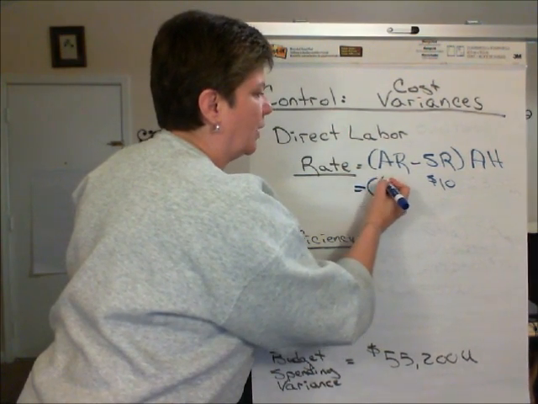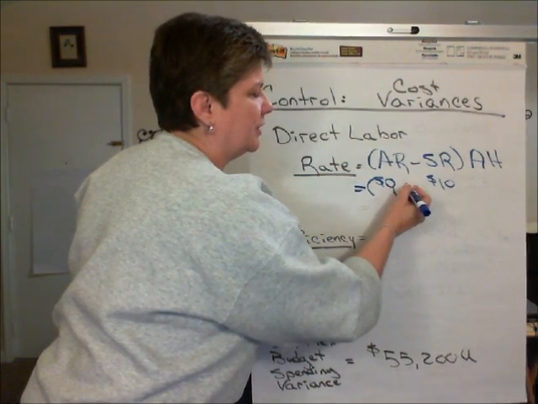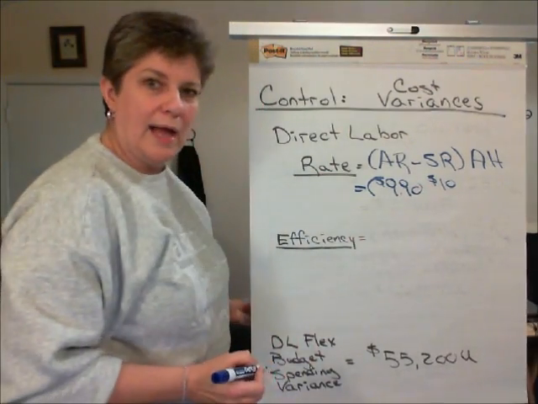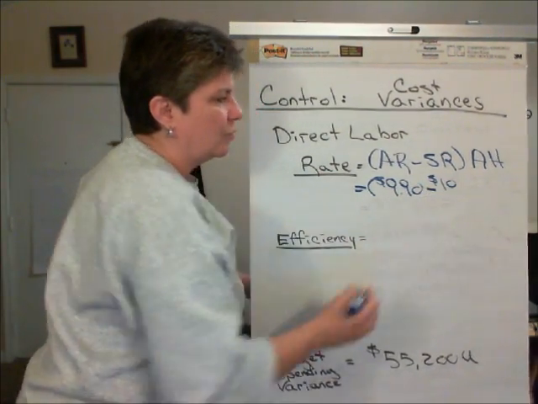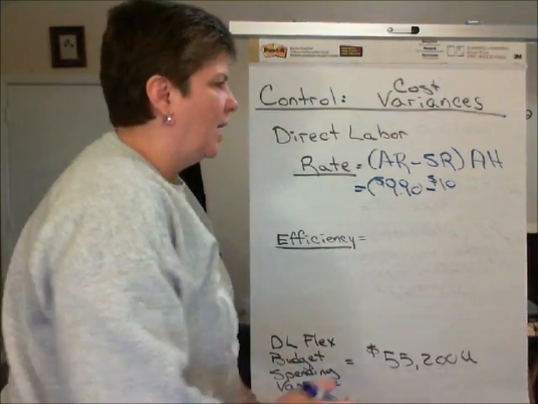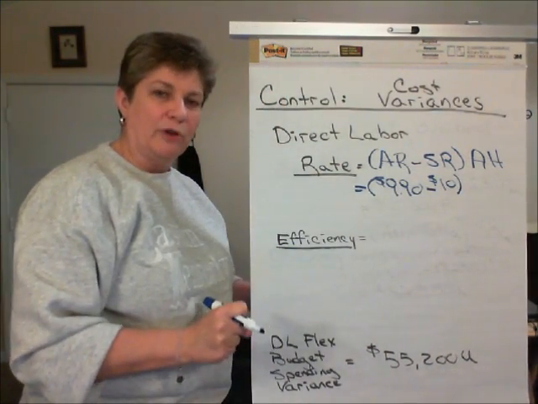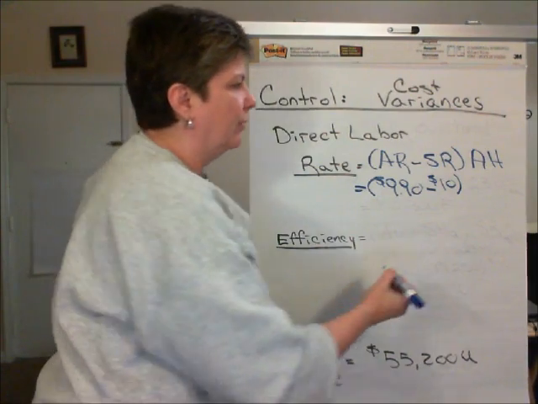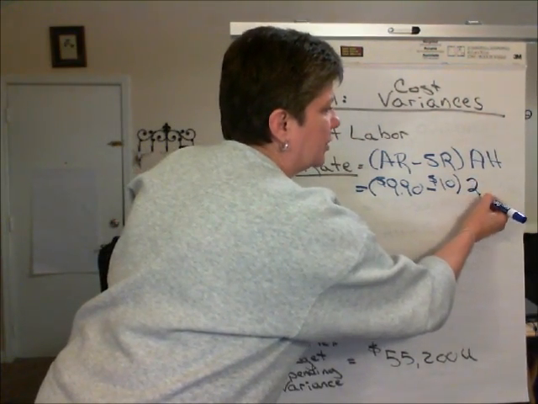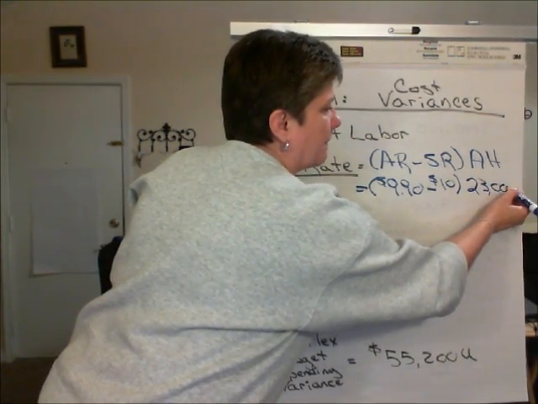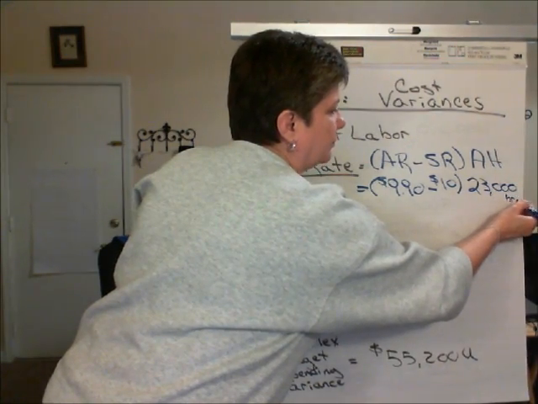So actual rate was $9.90 per hour minus the standard rate of $10 per hour. So we've got a 10-cent per hour average savings on labor, and we actually worked 23,000 hours.